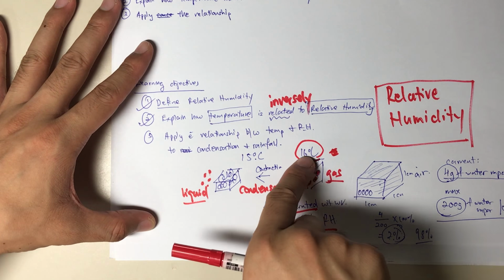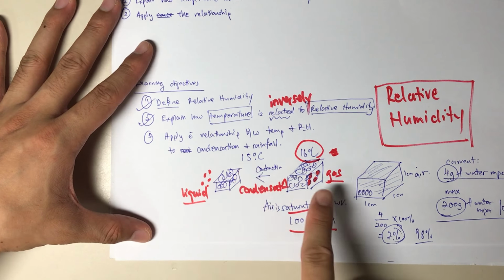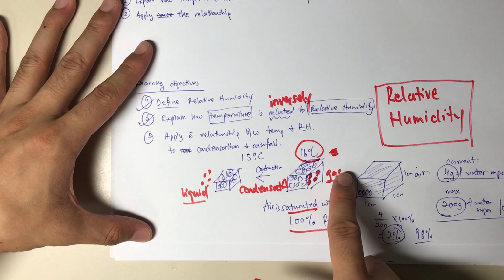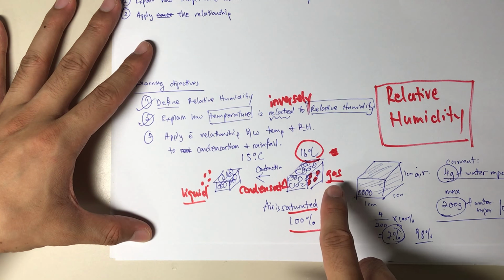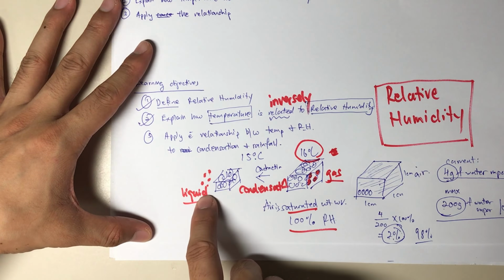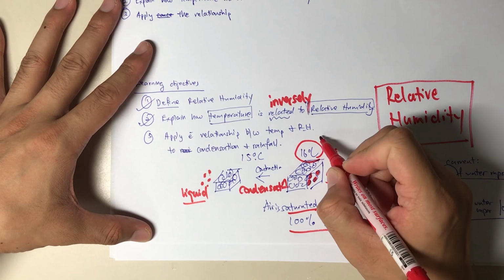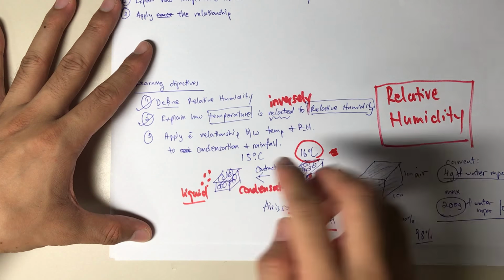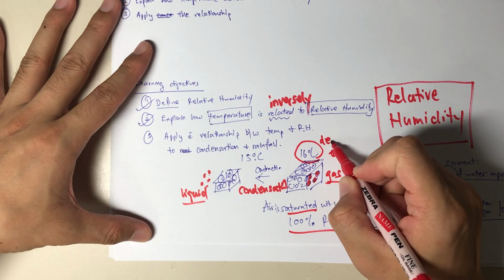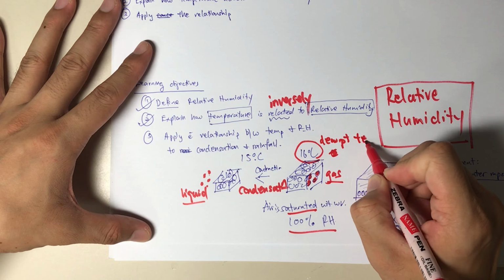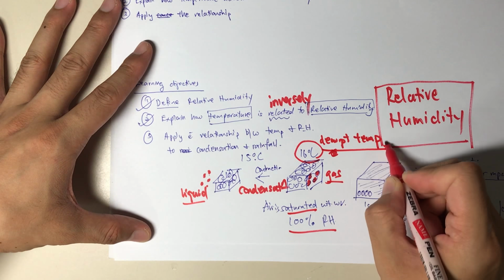From this point on, when I decrease my temperature, water vapor molecules will start to turn from gaseous form into liquid form, and condensation will take place. This magic temperature at which 100% is achieved, and from then on causes condensation, is called dew point temperature.